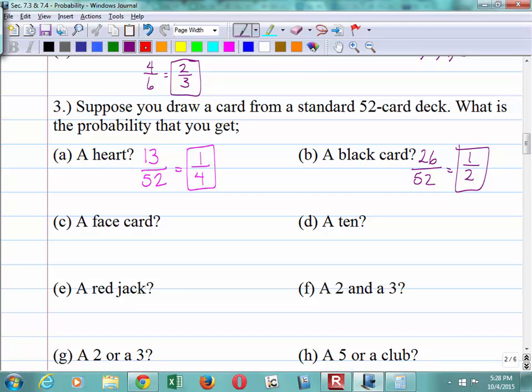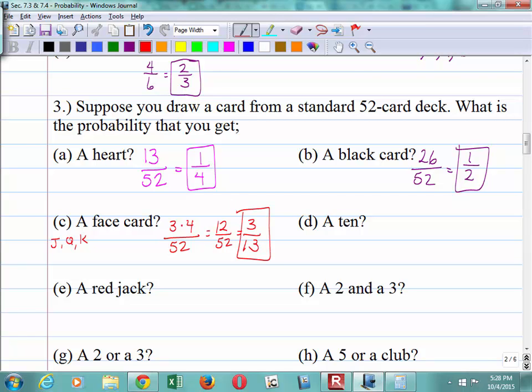Face cards are considered Jack, Queen, and King. So there's 3 of those in each suit. So there's 4 suits. So 3 times 4 is 12 out of 52, which reduces to 3 out of 13.